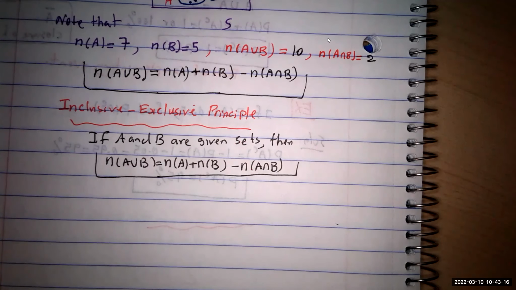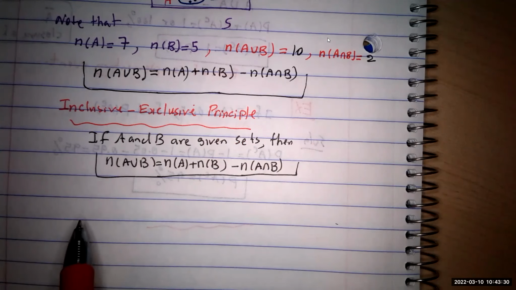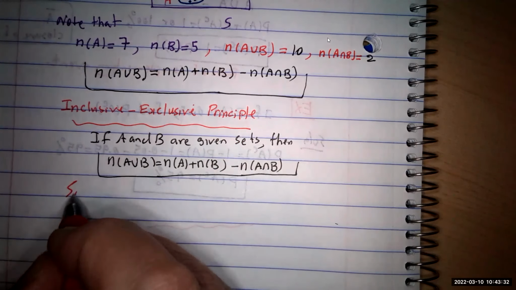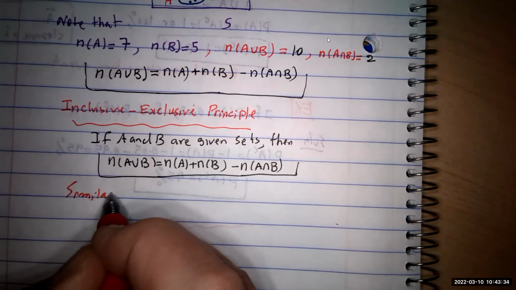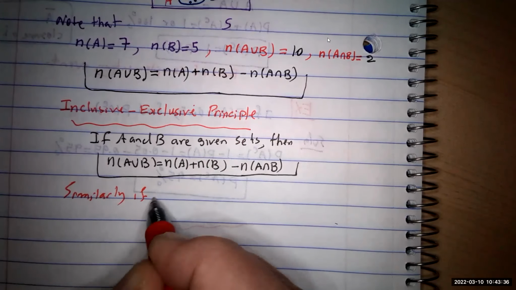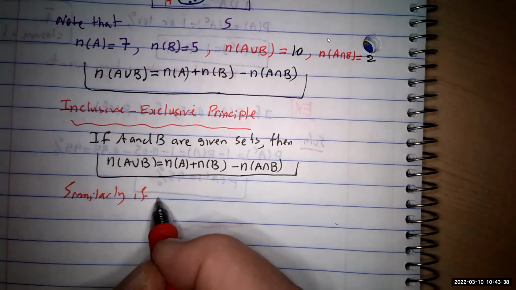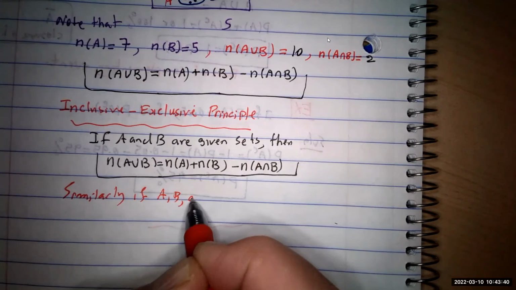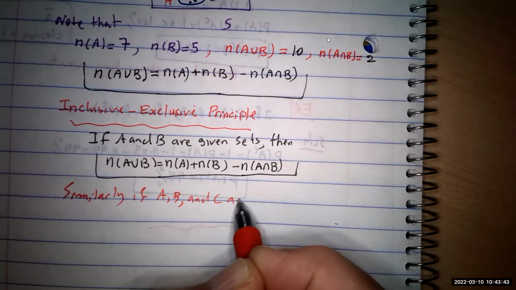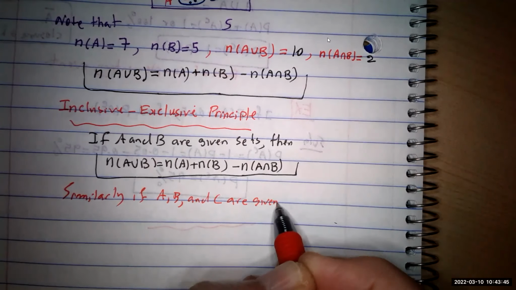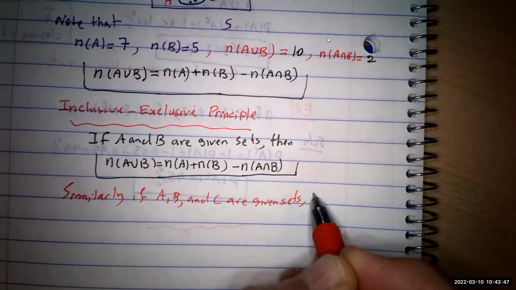And when you are measuring on those, especially in computer science, this is for 2 sets. You can do it for 3 sets. If you have 3 sets, I'll just write it down for you for your information. So similarly, if 3 sets A, B, and C are given to you, then this is what you have.